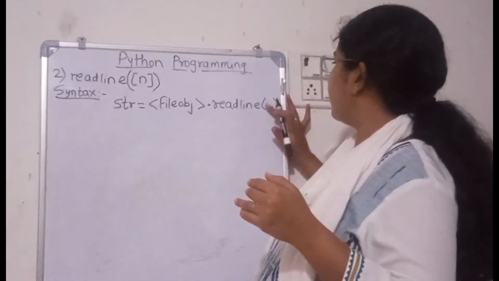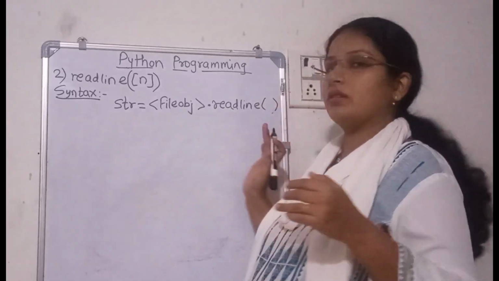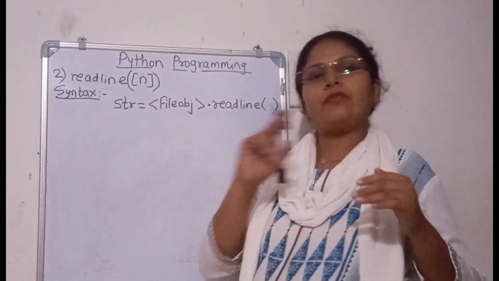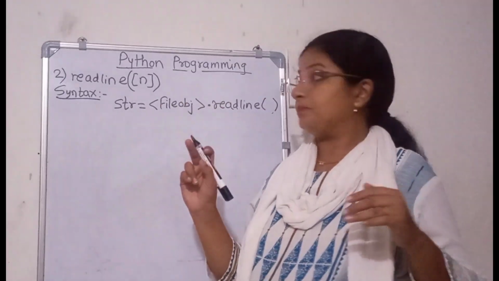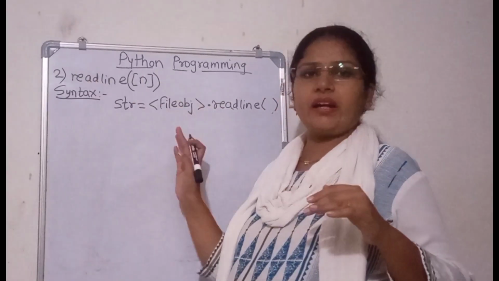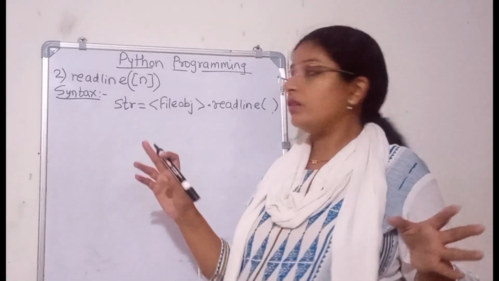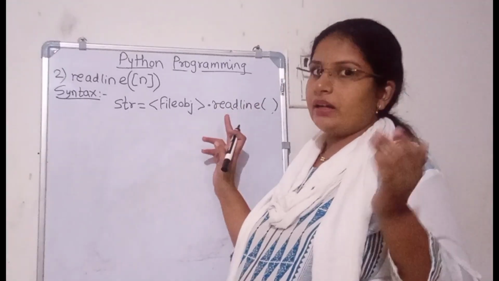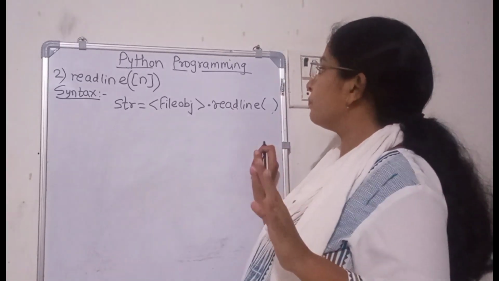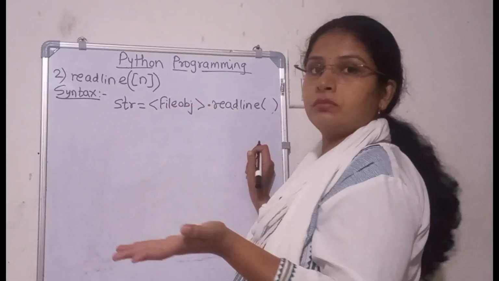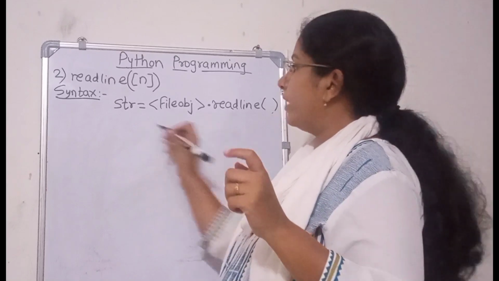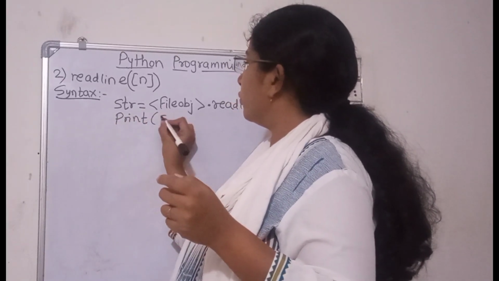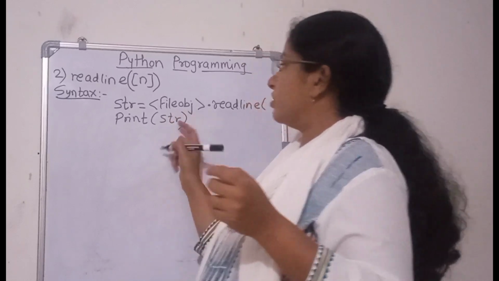If I am not giving the line number and the brackets are empty, then by default the first line will be read. This is your readline function, nothing different, just readline instead of read, and then you print the content in the output window, print str, that's it.